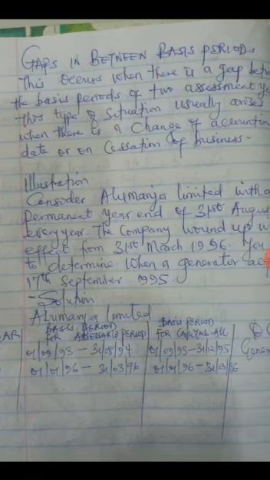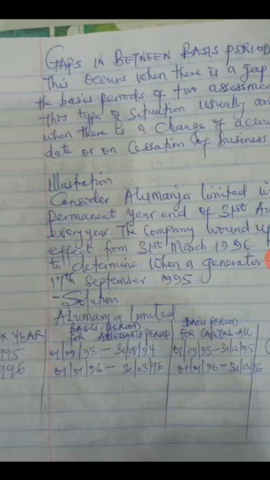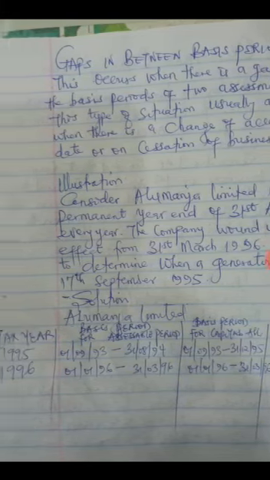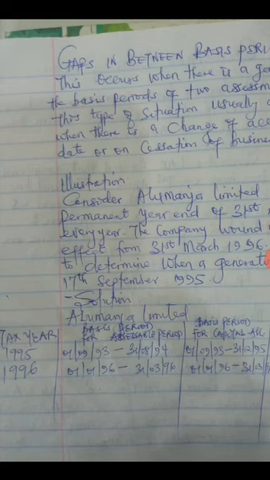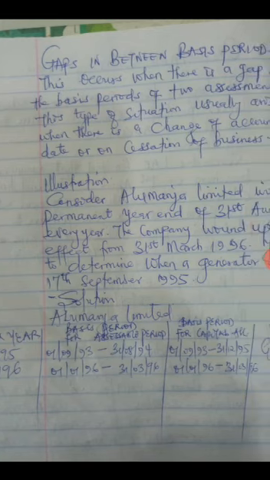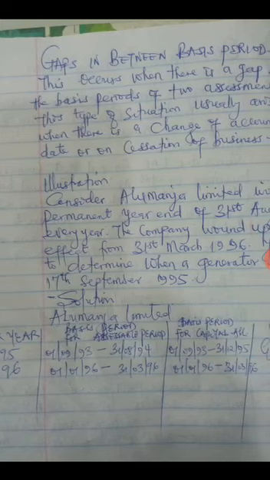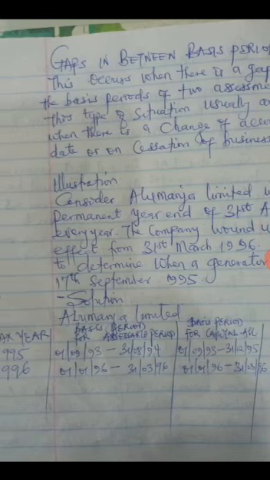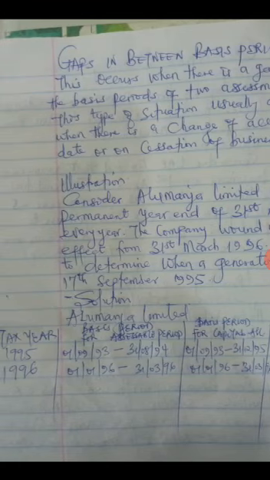The asset was acquired on the 17th of September 1995. So look at the solution. We have our years of assessment, the penultimate year and the ultimate year. And remember, it's based on the preceding year basis. The preceding year for 1995 is 1994.